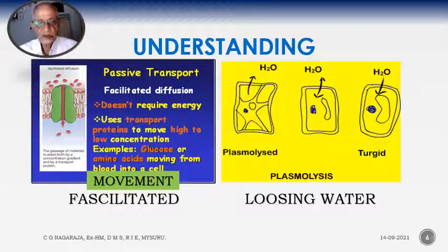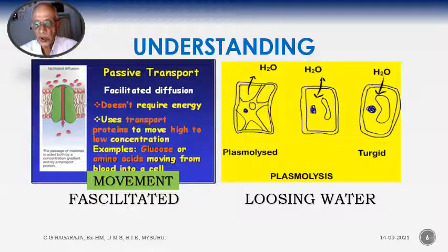Sometimes certain molecules have to move inside from outside the cell, and those molecules may be heavier or larger, and the pore may not be able to allow that. Therefore, in such a condition other molecules carry them and transport them inside the cell, and such an assisted movement of molecules is known as facilitated movement of molecules.